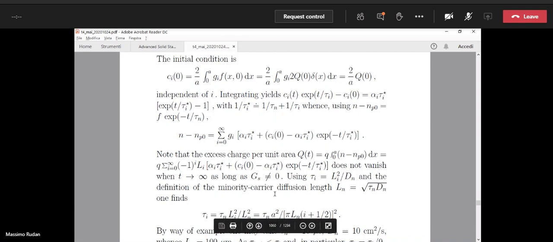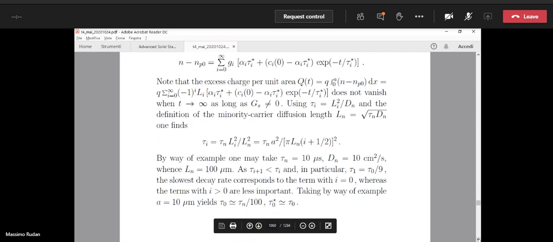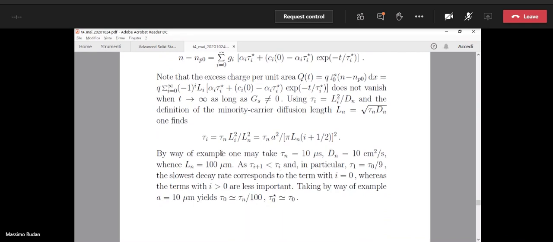So actually, we see that if we consider tau n as 10 microseconds, Dn as, remember, we estimated the typical values of the diffusion coefficient, 10 square centimeters over second.